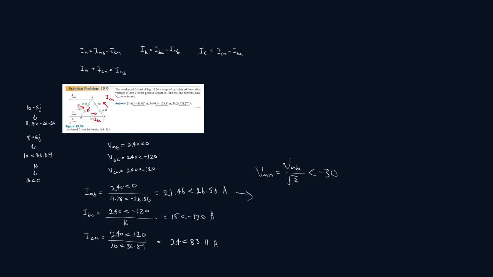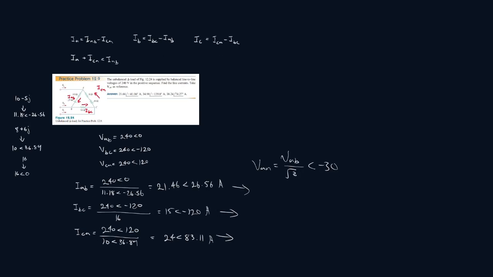But we have to break them up into their real and imaginary components. So the first one, IAB, is 19.28 plus 9.64J.